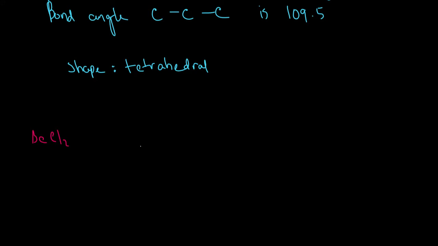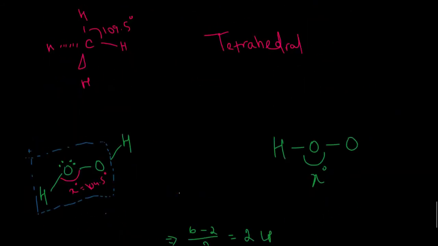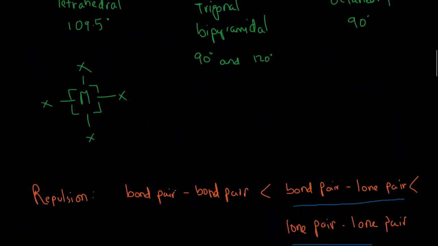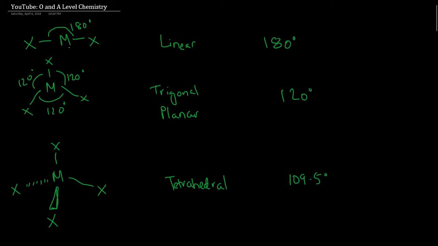Beryllium is in group 2, minus it has two bonds with 2 chlorines. So minus 2 divided by 2, that's 0. So it has no lone pairs. As it has no lone pairs and only 2 bonds total, from this theory you have beryllium here, and 2 chlorines on 2 sides. So it's going to be 180 degrees, and the shape is going to be called linear.